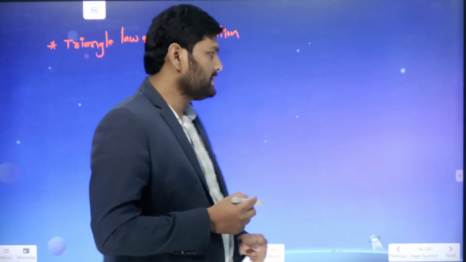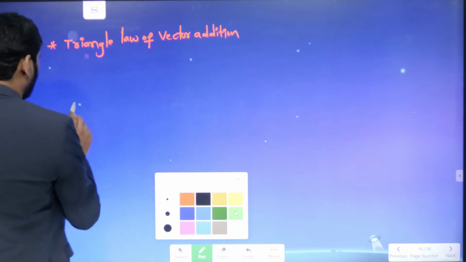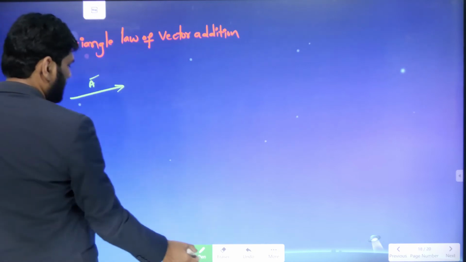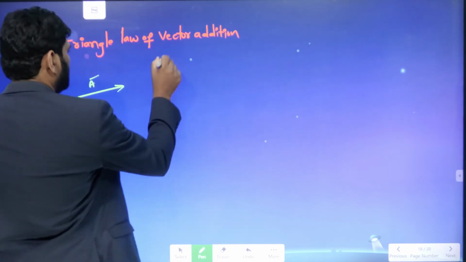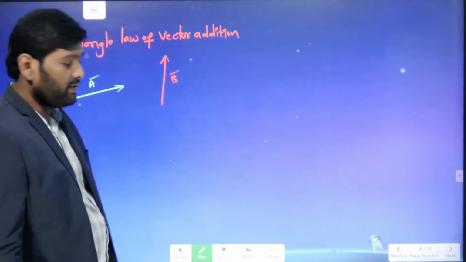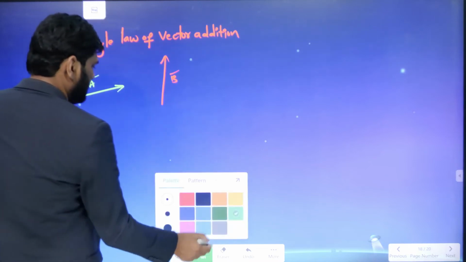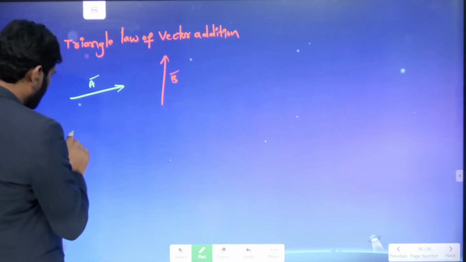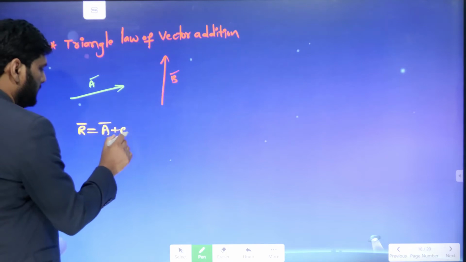So for example, let us take two vectors, like just before. This is one vector, A bar, and this is another vector, B bar. Now what is the addition of the two vectors? Let me take R bar is equal to A bar plus B bar.